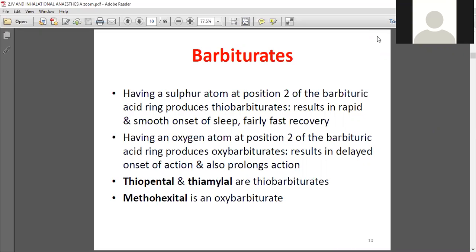I think that's why he gave us those examples, because only the ultra short acting ones are used as anesthetics. We also have the short acting, intermediate acting and long acting barbiturates in the classification, but only the ultra short acting are used as anesthetics. Are we together, people?